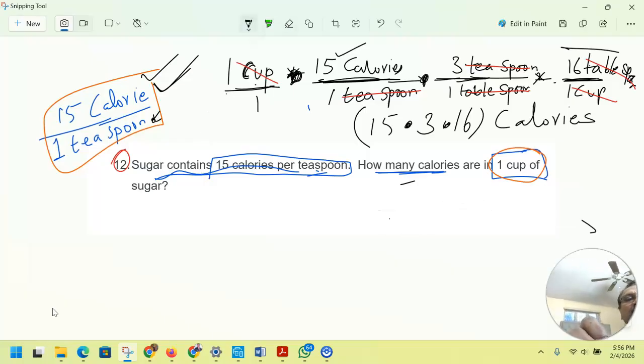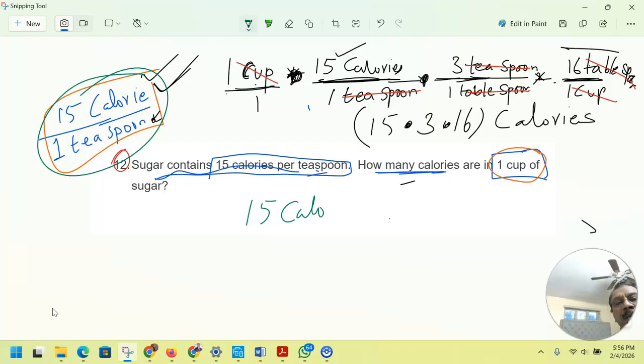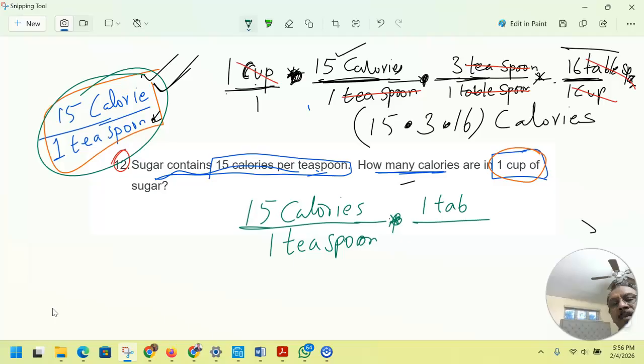So what I'm saying is, let's begin with this piece. So 15 calories, so I'll use this divided by 1 teaspoon, right? Now I'm going to multiply here 3 teaspoons, because you want to cross out the teaspoon at the bottom.